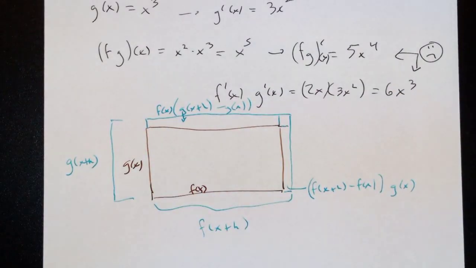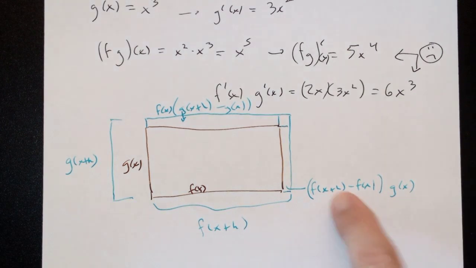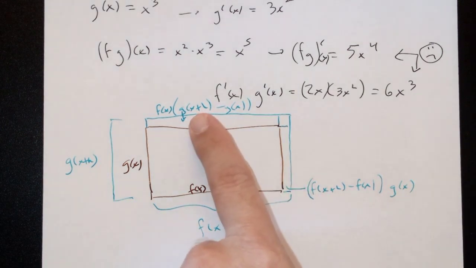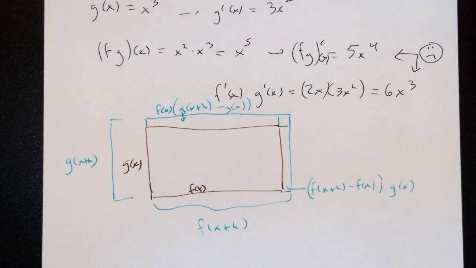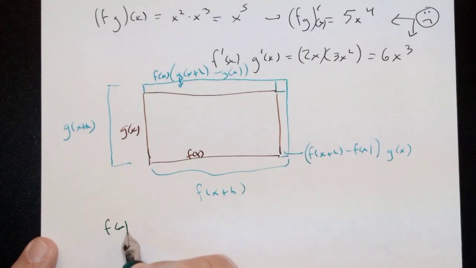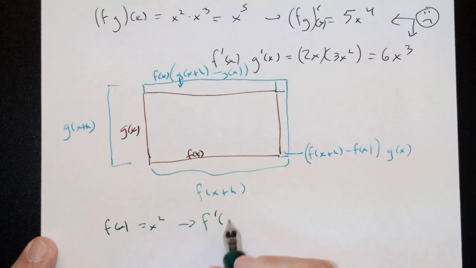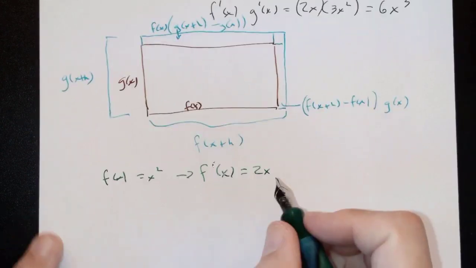So when I really start to measure my change, instead of measuring both changes at the same time, I measure the changes one at a time. Let's go back to our example. F of x is x squared. Its derivative is 2x.